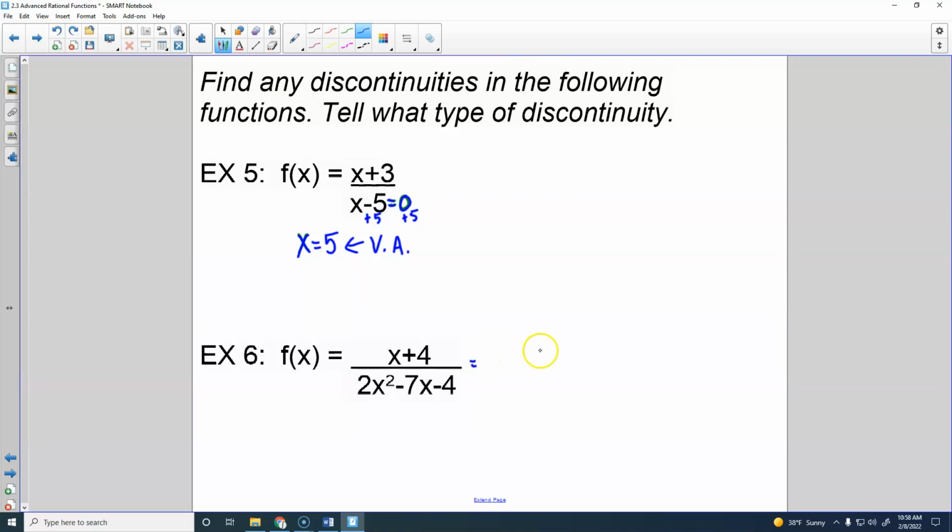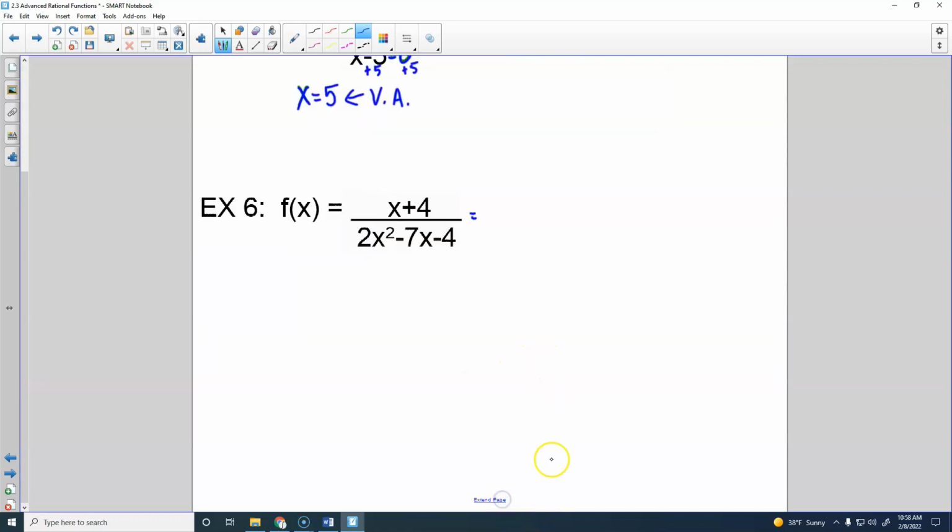Okay, for example 6, we've got x plus 4 over 2x squared minus 7x minus 4. A little bit tougher factoring in that denominator. Remember, when you've got a number in front of your x squared, you're going to have to put that 2x here and the x here, and do some guessing and checking. So you need something that will give you a negative 4.